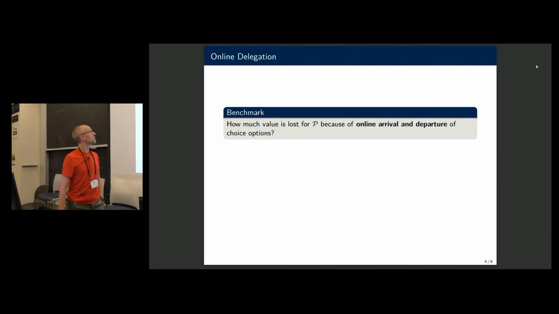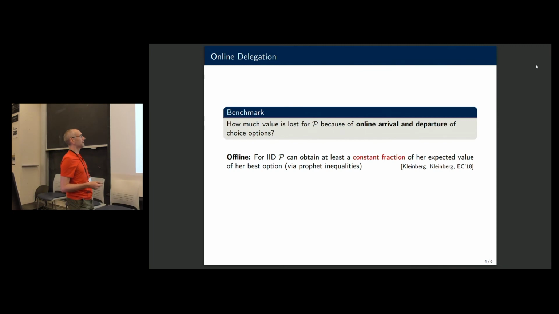The question is, how much value is lost because we have this online arrival and departure of choice options? Naturally, if an option is gone, then this person is gone. You can't accumulate the options and in round 10 propose option 1, because then there's no point to the online model. So in round 1, you propose that option, and if you don't propose it, it's gone.